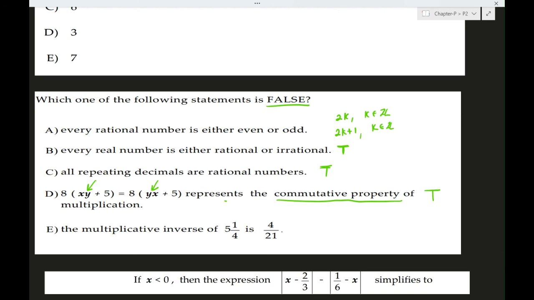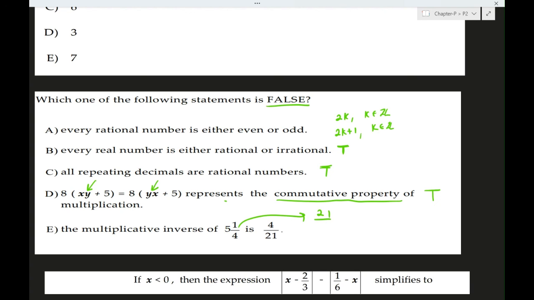Now, the multiplicative inverse of 5 1 over 4 is this. All you need to do is take this number. This is given as a mixed fraction, so we can write it as 4 times 5 plus 1 over 4.